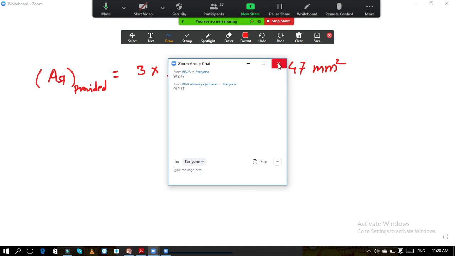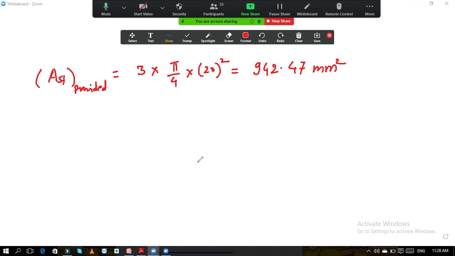Okay, correct answer, 942. So this is our AST provided. So here I can write finally, therefore provide 3 bars of 20 mm diameter at bottom. That is what we have provided.